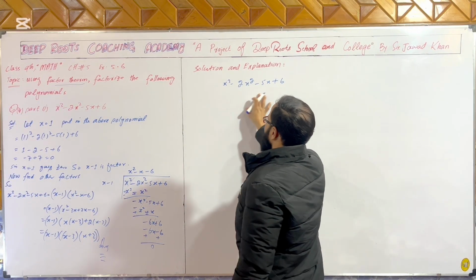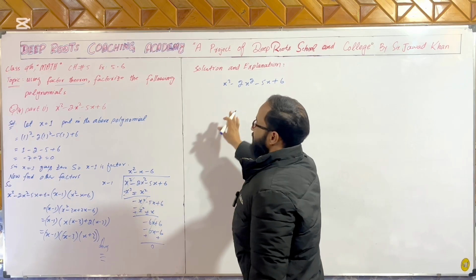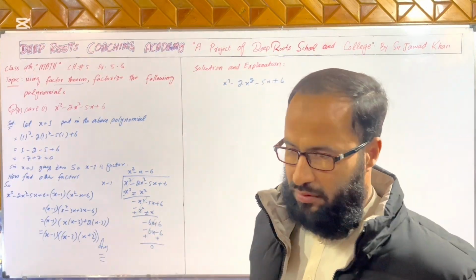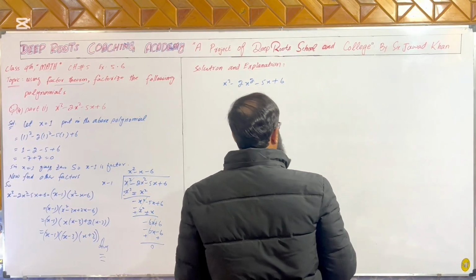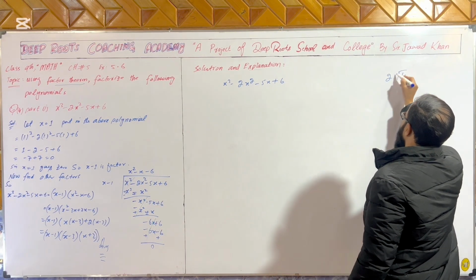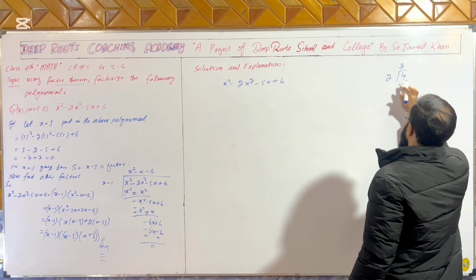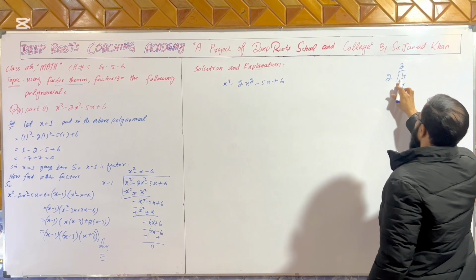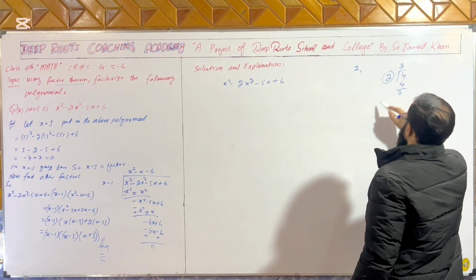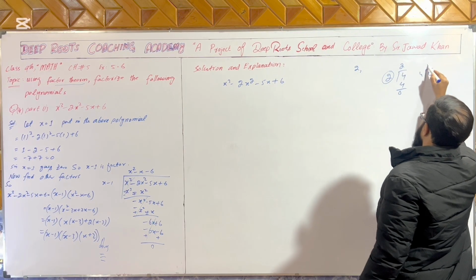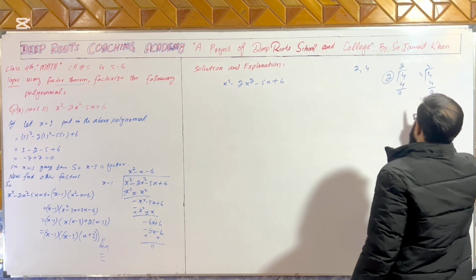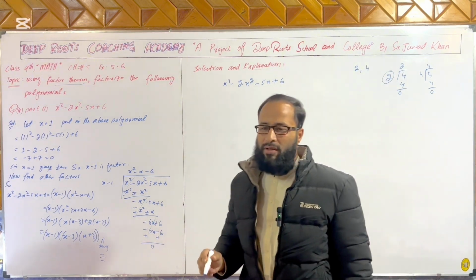This polynomial is given here, and what is the method of finding the factor? Factor is something like, for example, we have 4. If we divide 4 by 2, so 2 2s are 4 and the remainder is 0. So we say that 2 is a factor of 4. Similarly, if I divide 4 by 4, so 4 1s are 4, that will also give us 0 remainder.